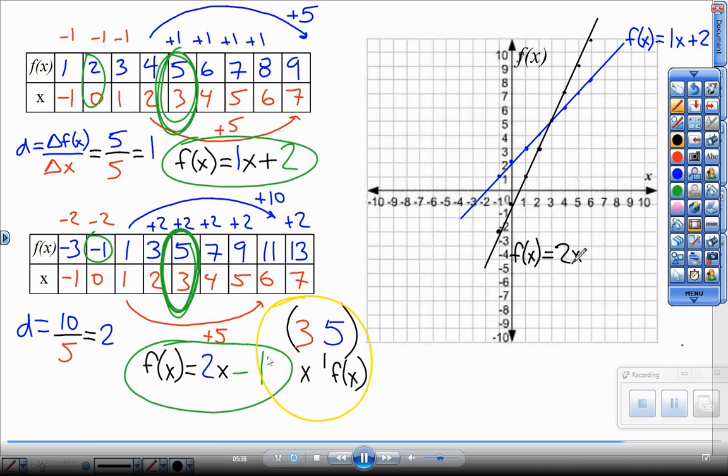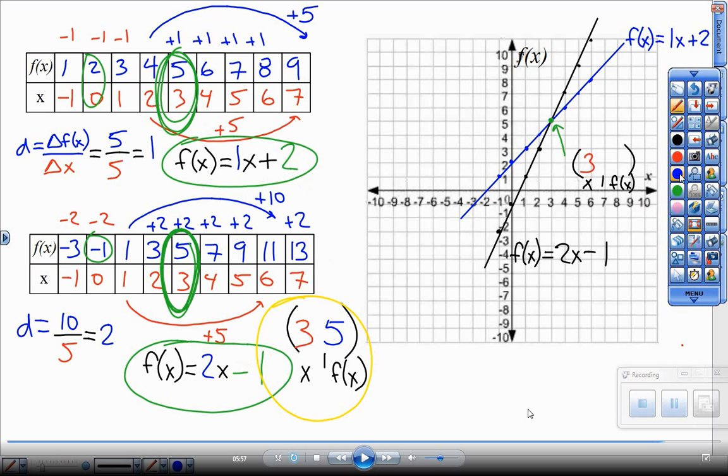What I'd like you to do on your paper is do all this work, show all of this, but what I'd also like you to do is now show this check. I would like you to take this point 3, 5 and check it into both these functions right here.